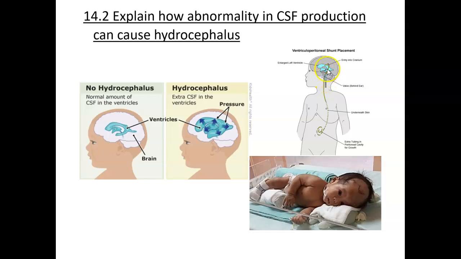And here's a condition, a surgery they can do where they implant a little tube into the spaces in the brain that can drain off some of that cerebrospinal fluid. And they run it from the brain down the throat into the stomach.